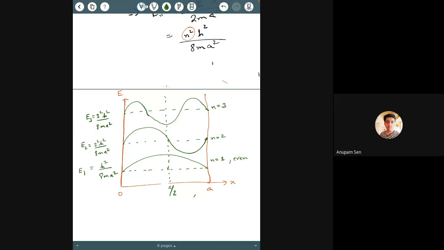Then the next one is antisymmetric, so the two halves are of opposite sign. So it's odd. Then the third one is again even, which means that the symmetries of the wave functions alternate between even and odd as you go up in energy.